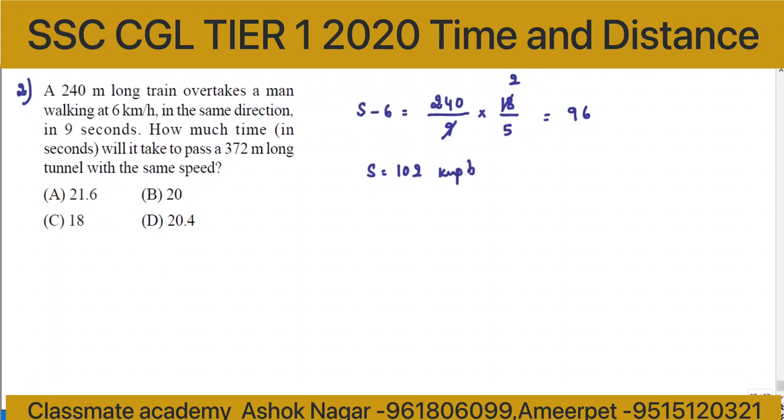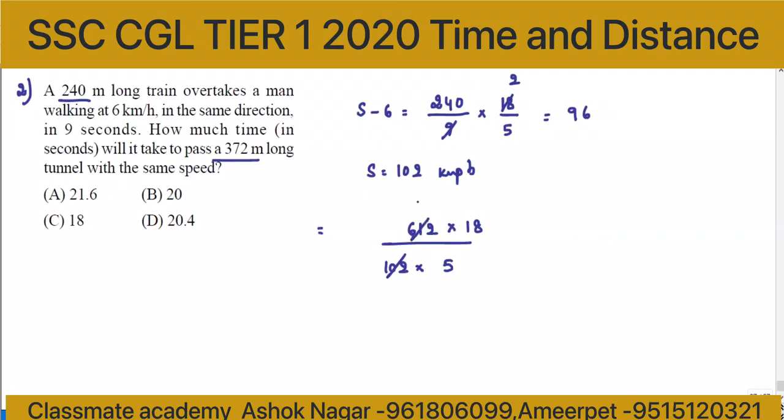How much time will it take to pass a 372-meter long tunnel with the same speed? Now the same speed. Okay, how many long? 372 plus what? 240. How much is it? 612, with what speed? 102 km/h converted into meter per second. 18 goes up.